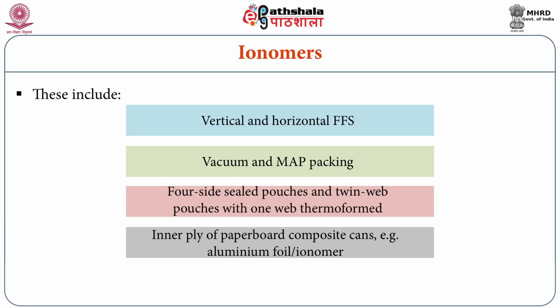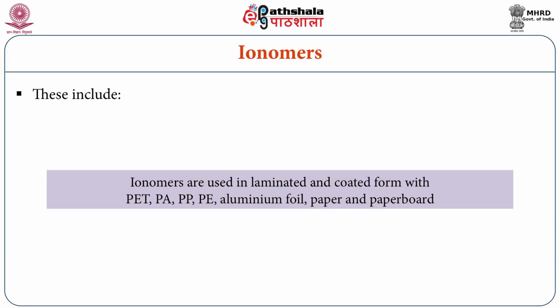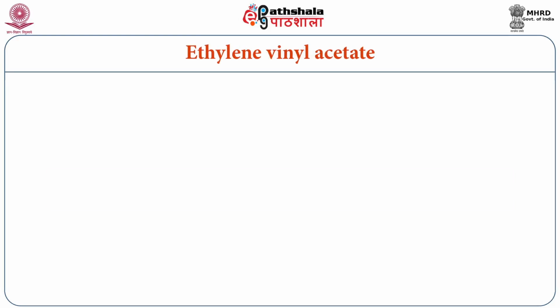Inner ply of paperboard composite cans can also be used. Diaphragm or membrane seals. Ionomers are used in laminated and coated form with PET, polyamide, polypropylene, polyethylene, aluminum foil, paper and paperboard.